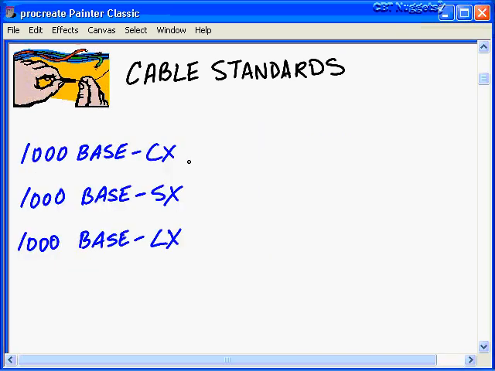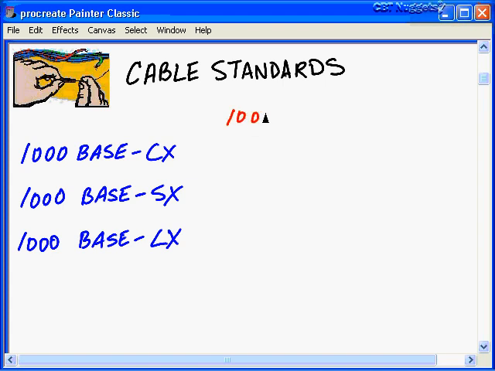And of course, there's a bunch of network engineers out there who work for large corporations. They're part of large enterprise networks, and they're saying, you know, fast Ethernet, it's so passé. We need to look at higher bandwidths, and we're looking at 1,000 base cable standards for Ethernet, and this is 1 gigabit per second or 1,000 megabits per second.